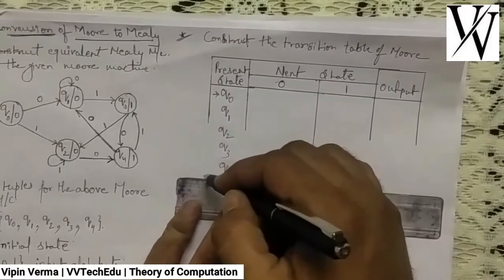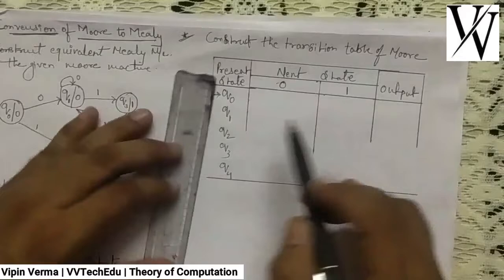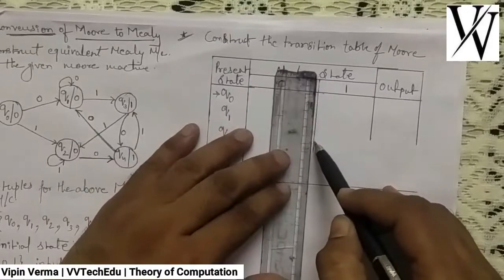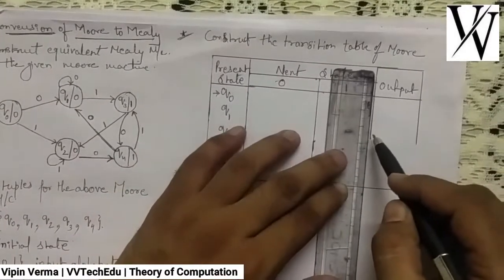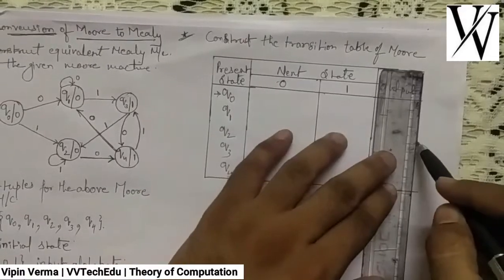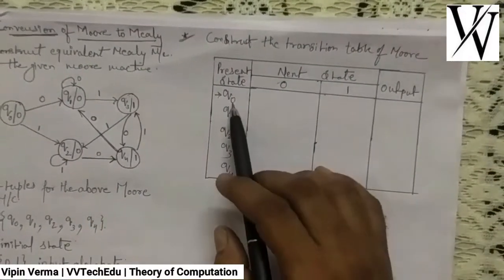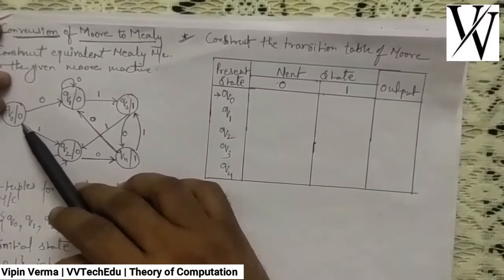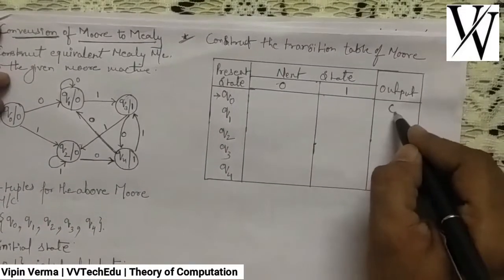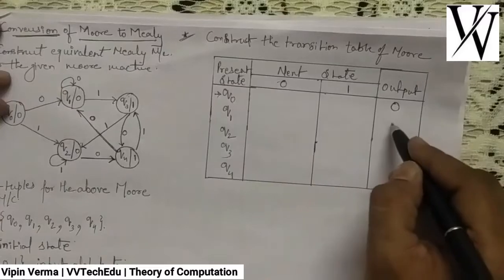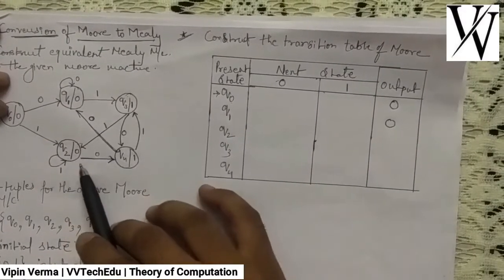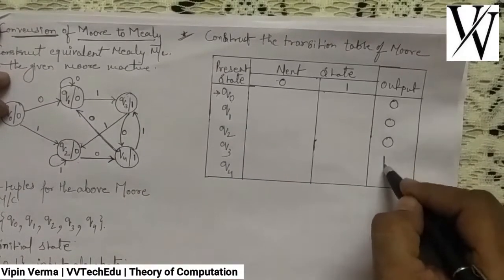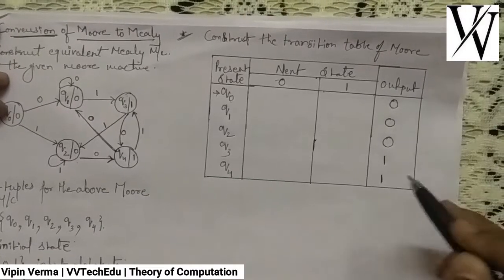For the Q0 state, the corresponding output is 0. For Q1 the output is 0 again. Q2 output is 0, so just write down 0 here. Q3 is 1, so write down 1. Q4 is 1, so we have 1.